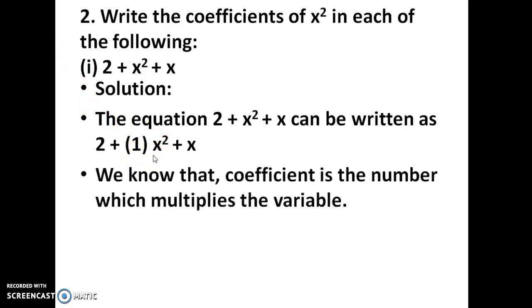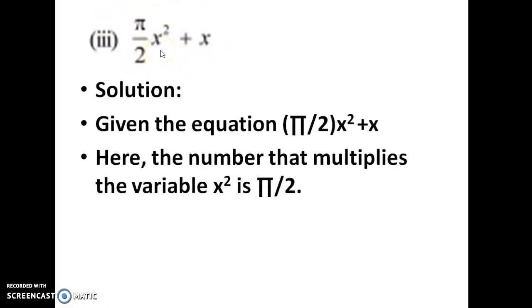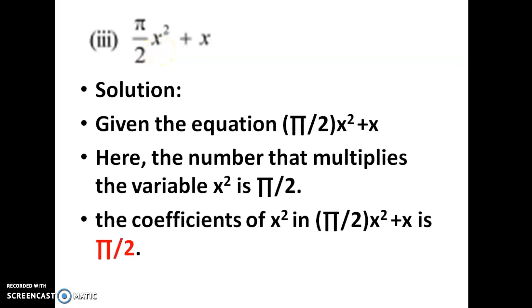We know that the coefficient is the number which multiplies the variable. Here the number that multiplies x square is 1, so the coefficient of x square is 1. By seeing itself you can see what number is multiplied with x square. That's the coefficient. Here if you observe, the coefficient of x square is pi by 2.